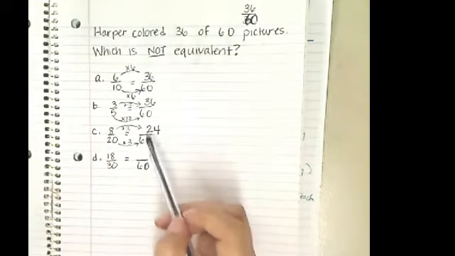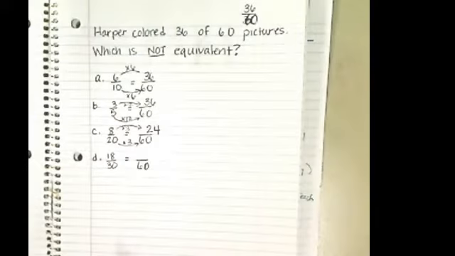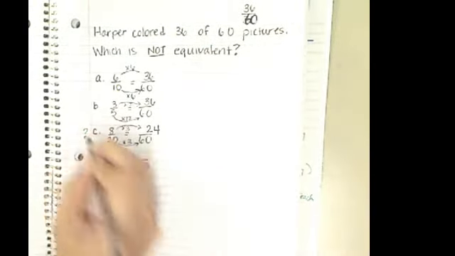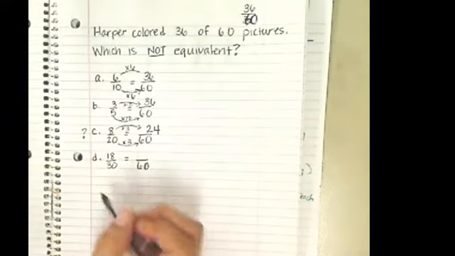Ooh, so right now I see a fraction that is not equivalent to 36/60. So let's just check the bottom one, just because we want to be sure for sure that C is our answer choice. So 30 times what is going to give me 60?